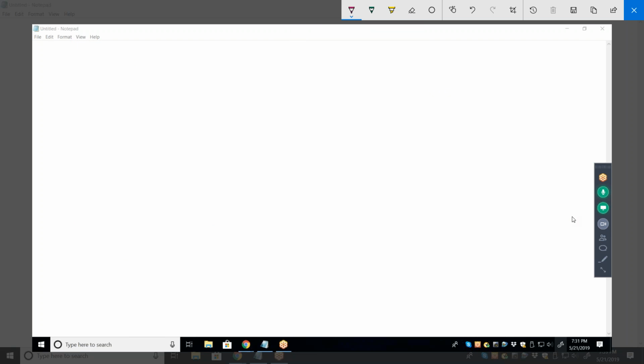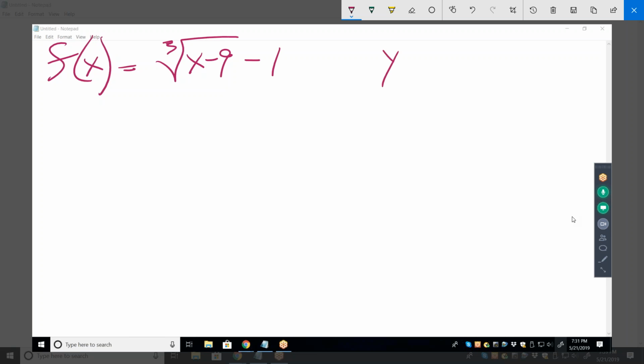Okay, what else? So the next one is f of x equals the cube root of x minus 9, minus 1. It's the parent function here. f of x equals the square root of x, or y equals the square root of x.